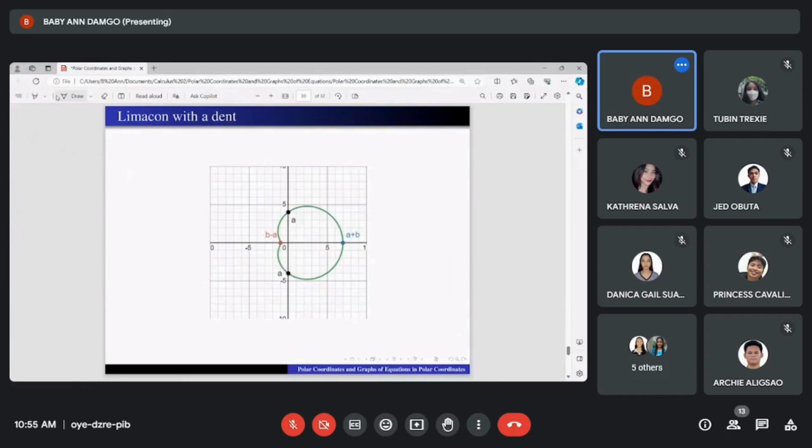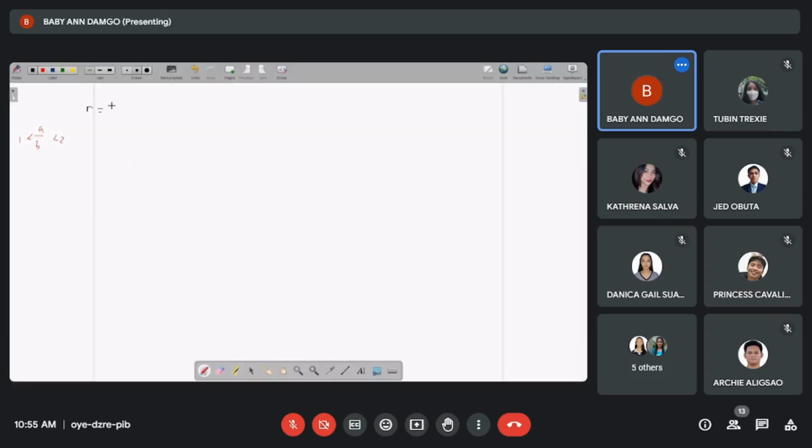So for example, we have R is equal to 3 minus 2 cosine theta. Okay, so this is 1, 2, 3, 4, 5.